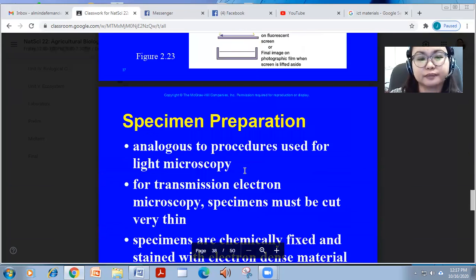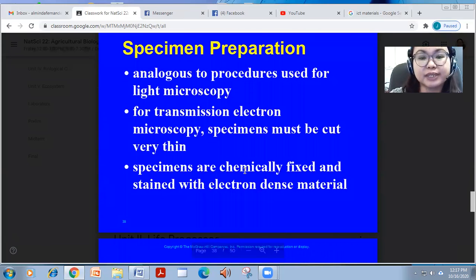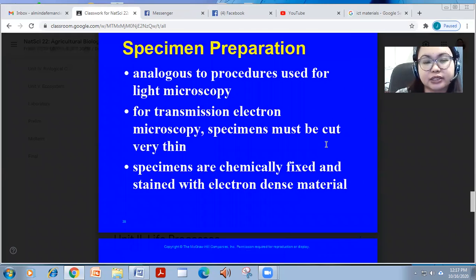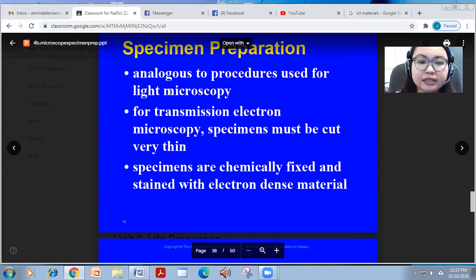For the specimen preparation in electron microscopy, it is different from the previous explanation of how we stain using a light microscope, although these are analogous to procedures used for light microscopy.